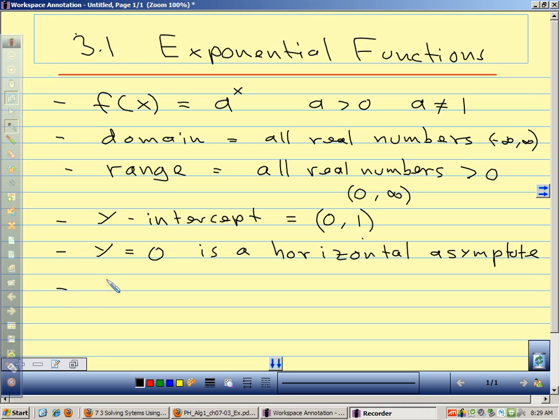F is increasing if a is greater than 1, and f is always decreasing if a is less than 1.